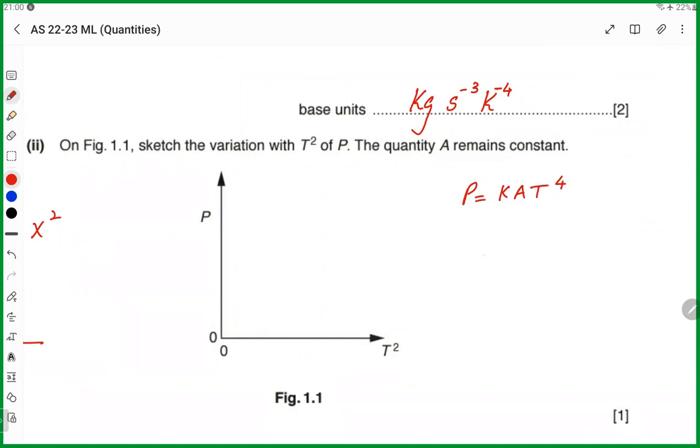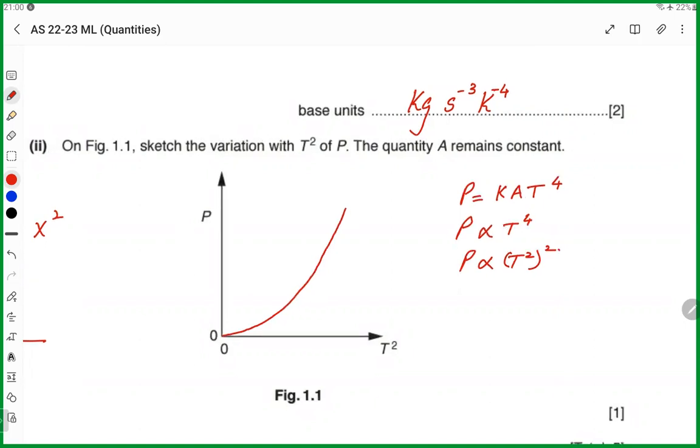That means P is directly proportional to T to the power 4, or P is directly proportional to the square of T square. That means you should expect a graph of y equals x square and only one half of it, like you will be looking at one half of the curve. So it should be like that, a curve with an increasing gradient.